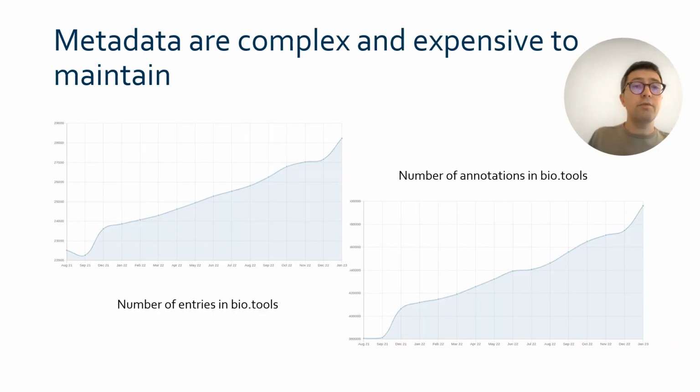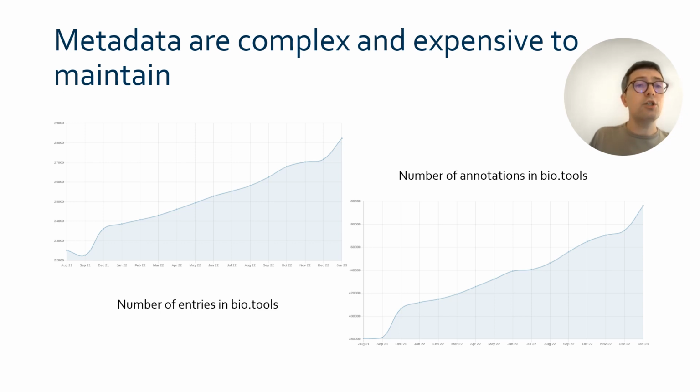As a result of the development of these systems, we end up with a large and ever-growing volume of metadata. Over time, the number of available software increases, and the metadata for each software are updated, if anything, at least because new versions appear. As an illustration of this, you can see here the growth of the number of entries in bio.tools, which is now above 29,000.